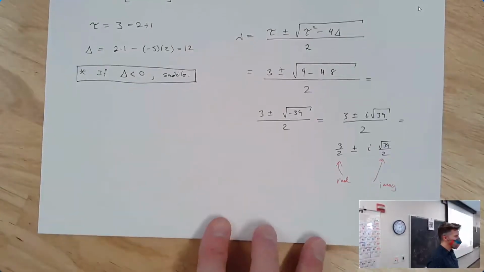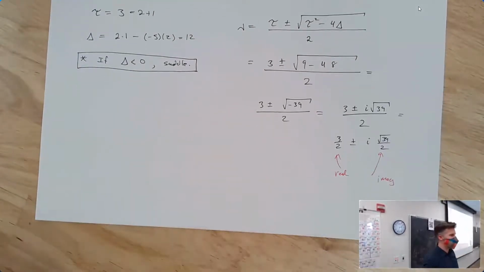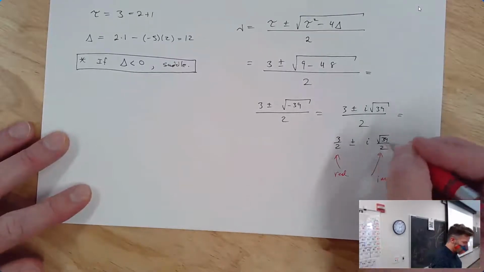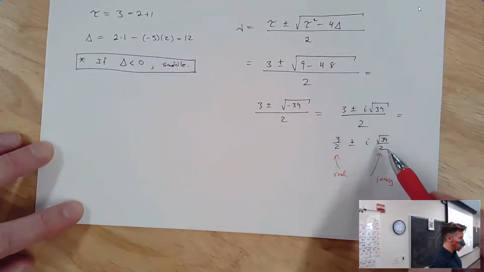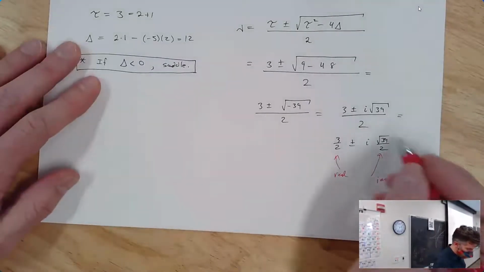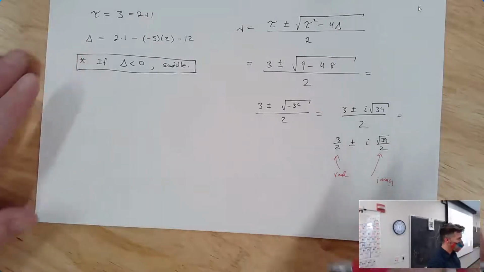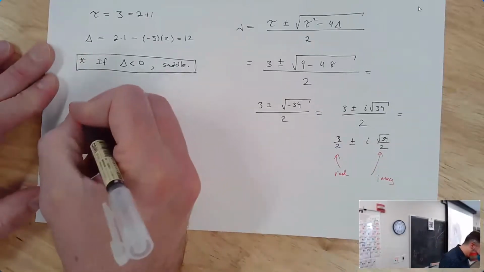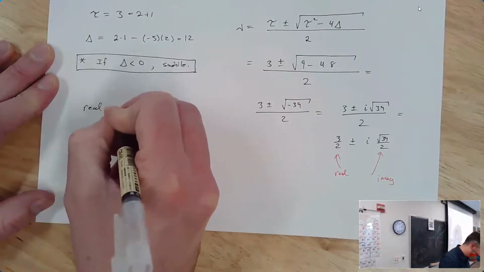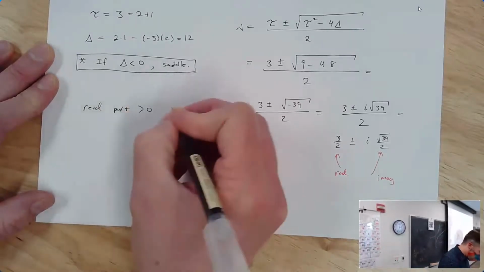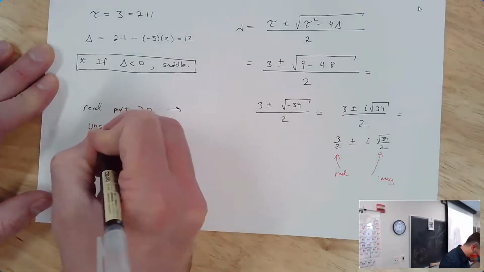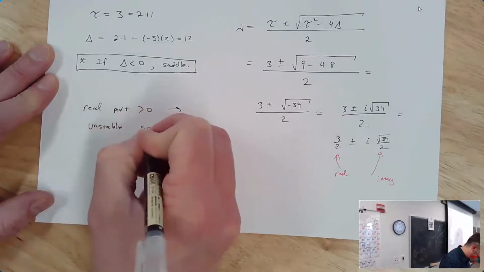Sometimes people say the imaginary part is just the coefficient, and sometimes they say it's the part with the i included. Either way, you should be able to say that's the imaginary part, that's the real part. So the real part's positive, which means we have an unstable spiral.